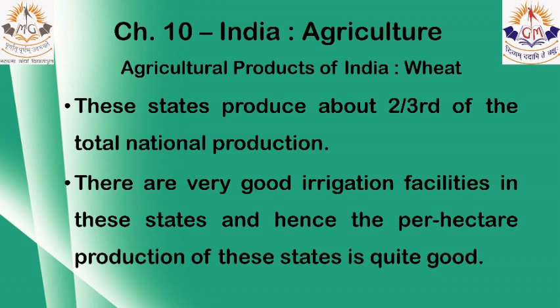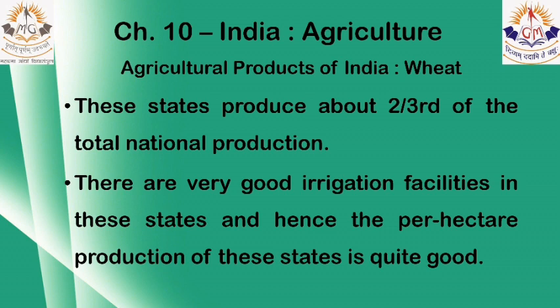Why? Because there are very good irrigational facilities in these states, and hence per hectare production of these states is quite high. We know Punjab means the land of 5 rivers. So lots of water coming down from the Himalayas is available over there. Lots of canals and dams are built there.